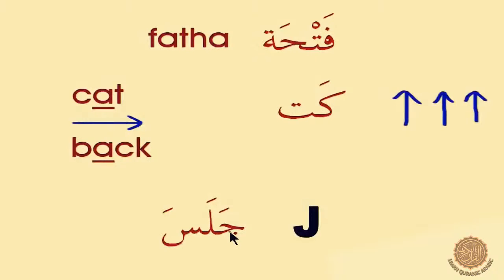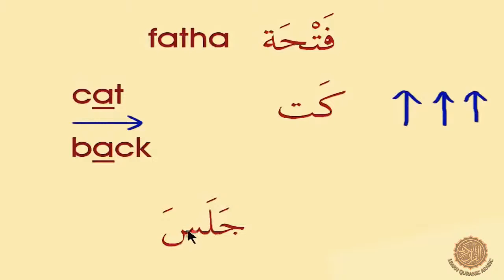It's a J sound, and there's a Fatha there. So this will be pronounced as Ja. Then we have the Lam here. That's equivalent to the letter L in English, like the word look. To pronounce the Lam with the Fatha, it's La. So Ja, La.